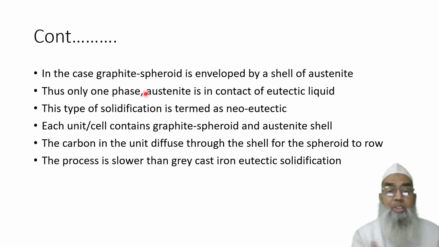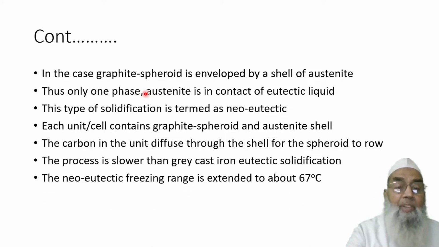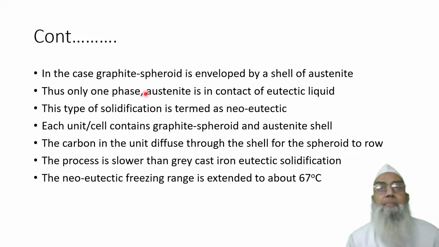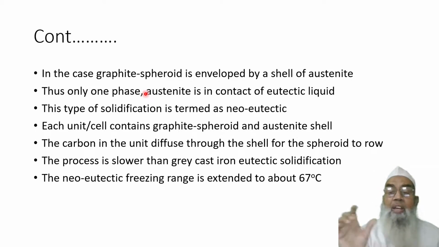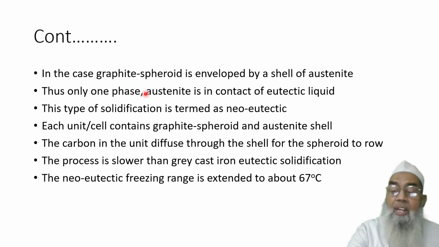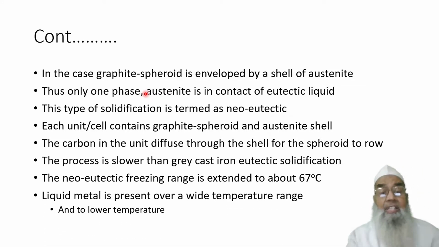The diffusion process is slower than grey cast iron eutectic solidification. The eutectic freezing range is extended to about 67 degrees centigrade. In grey cast iron it is only 33 degrees centigrade, a small range. Here it is almost double, 67 degrees centigrade, but at a higher temperature. The liquid is present over a wide range and down to a lower temperature.